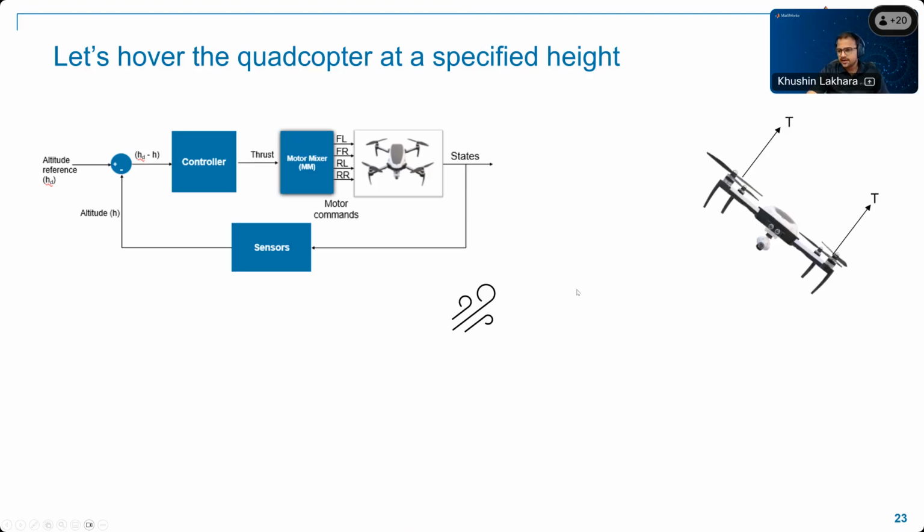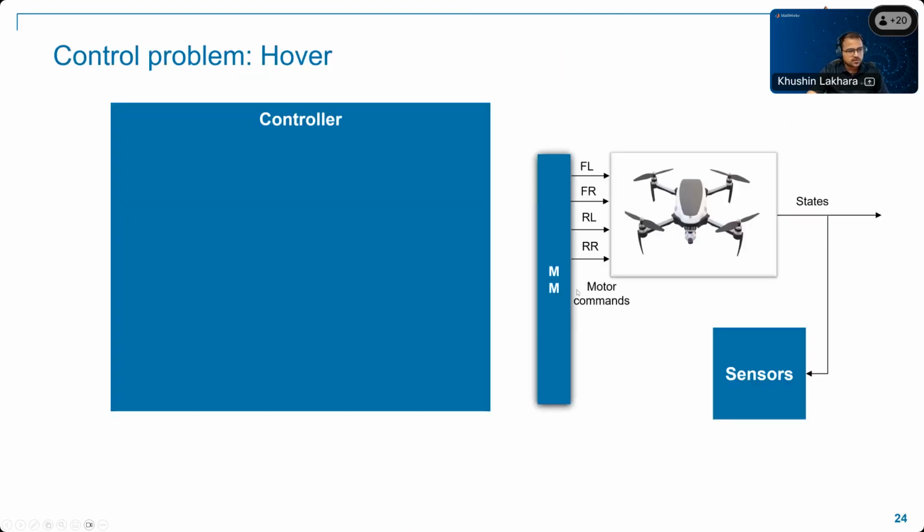So let's design a better controller for this. Consider we have this plant, and sensors are connected. Along with the sensors, we have the motor mixer algorithm and the controller. Not only roll, but yaw and pitch can also make a difference because of a gust. So we want to maintain roll, pitch, and yaw as 0, and we want to maintain a reference altitude.